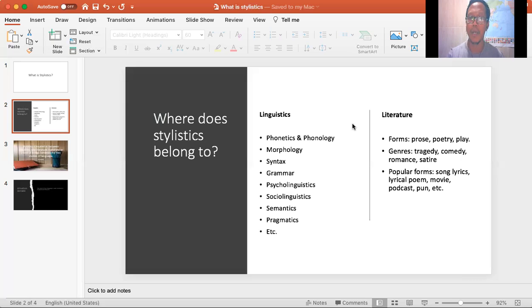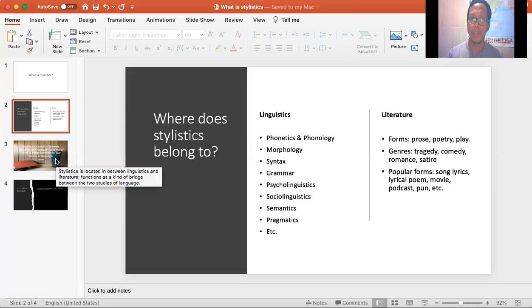Those are all the study of literature. And we still cannot find where stylistics belongs here, whether it is part of linguistics or part of literature.